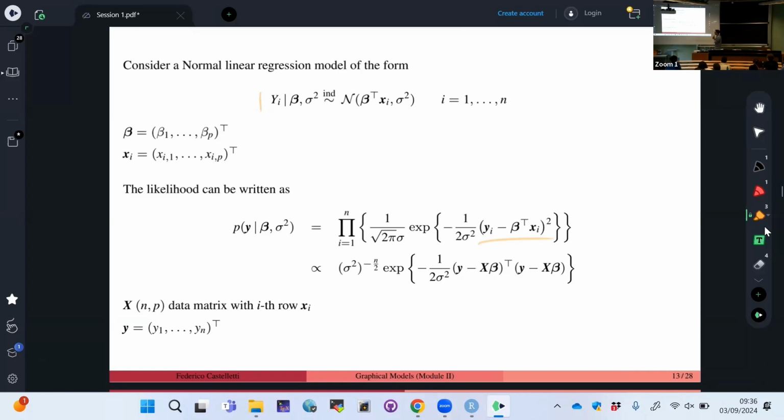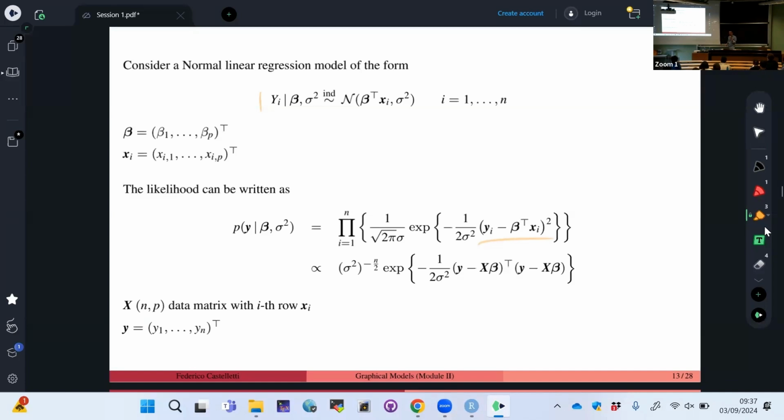Then, using a bit of matrix notation, instead of the sum of (y_i minus beta prime x_i) squared, we can write the RSS, the residual sum of squares, which in matrix notation is (y minus X beta) prime times (y minus X beta).